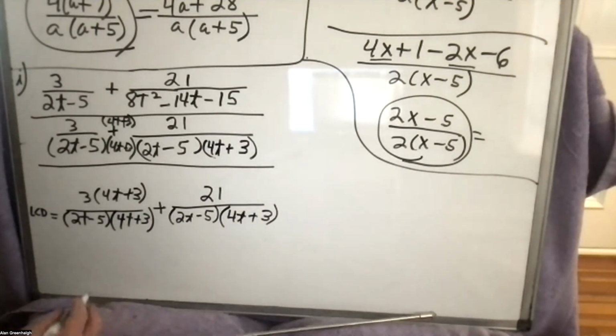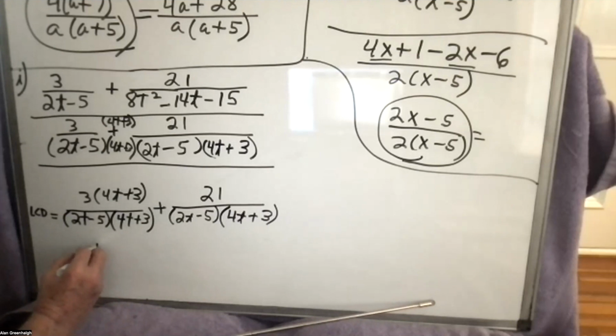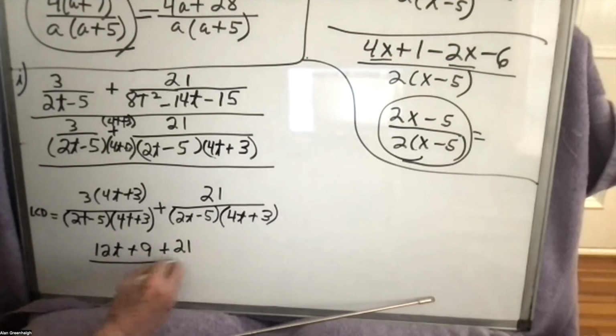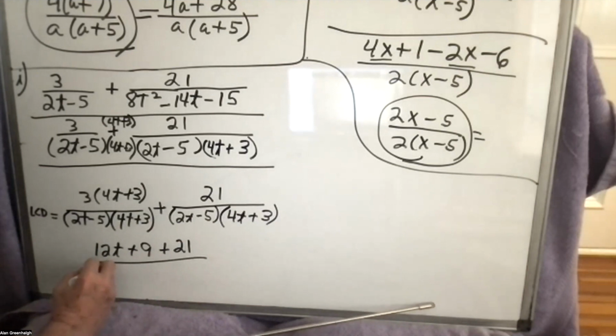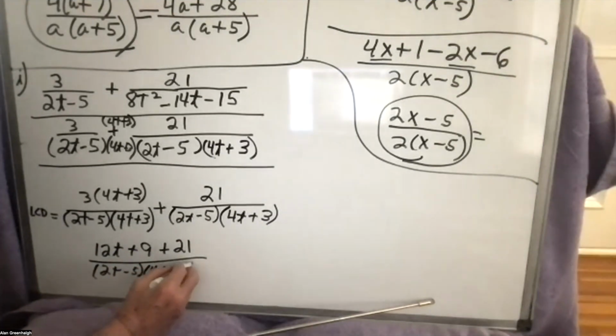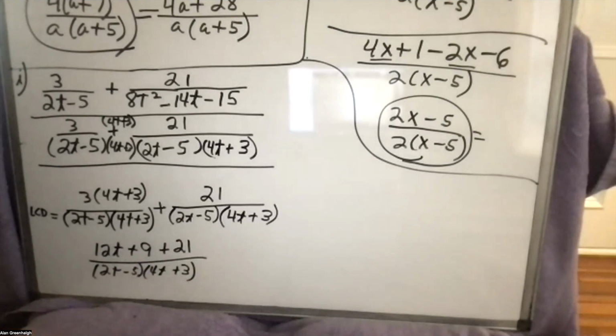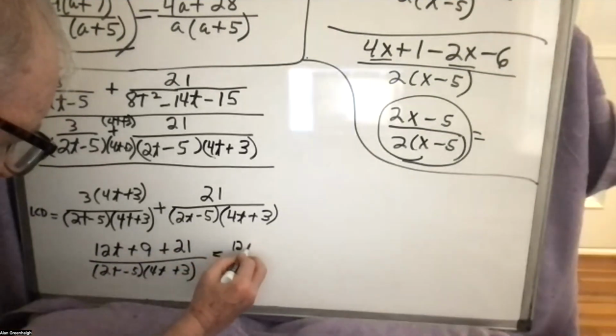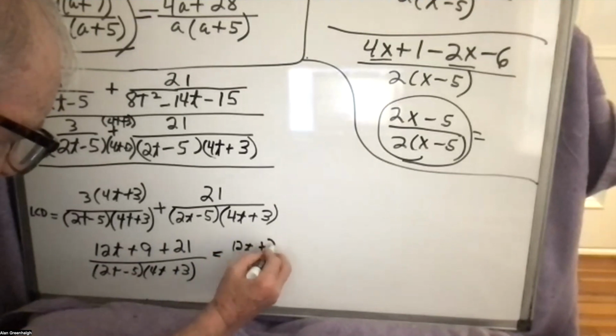So this becomes 12t plus 9 plus 21 over 2t minus 5, 4t plus 3, which gives you 12t plus 21.